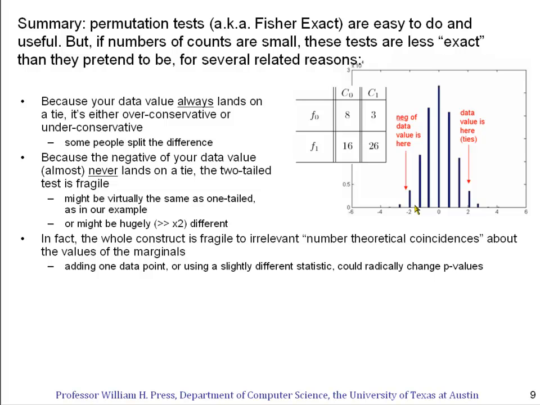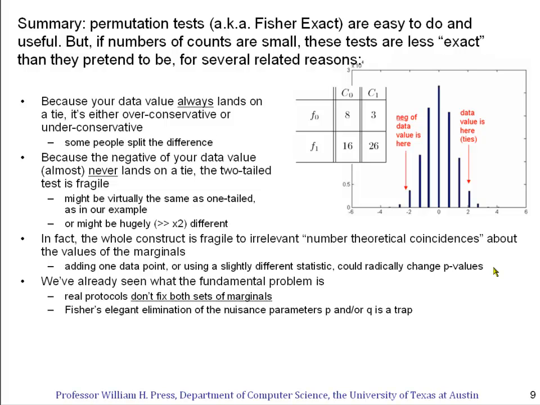And what makes that sometimes important is that if you just add one data point to one of these bins, as you might well have gotten in a repetition of the study, or if you use a slightly different statistic from the one that you used, Wald instead of Pearson, or vice versa, it can radically change the tail p-values, especially for a two-tailed test.